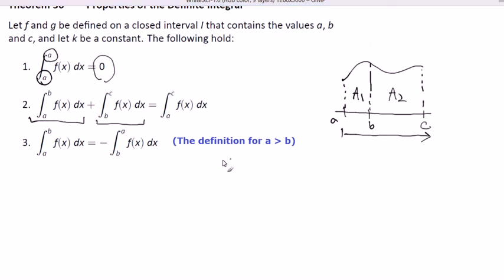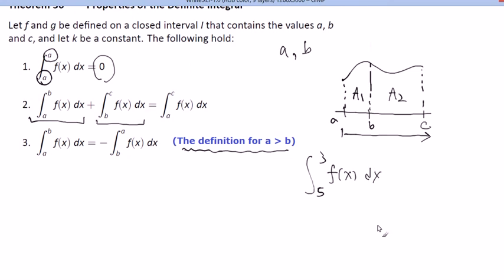How about, I hope I wrote it like this, I hope it makes sense. If I write down a and b, it doesn't necessarily mean a is less than b, if it is a random letter a and b. So let's think about the situation. a is actually bigger than b. So for example, if I have 5 and 3, f of x dx, this makes no sense. This notation represents interval from a to b.